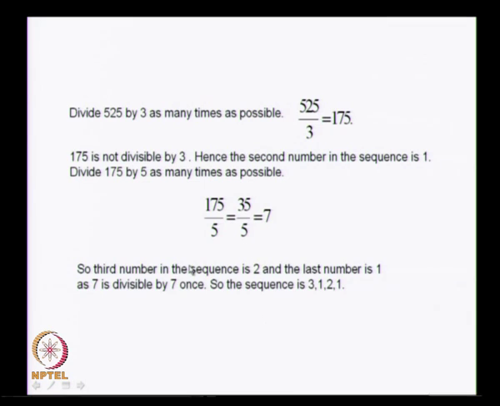So, the third number in the sequence is 2 and the last number is 1 because next prime is 7, 7 divides 7 once. So, the sequence is 3 1 2 1. So, given a sequence we can find the Gödel number, and given the Gödel number we can find the sequence.